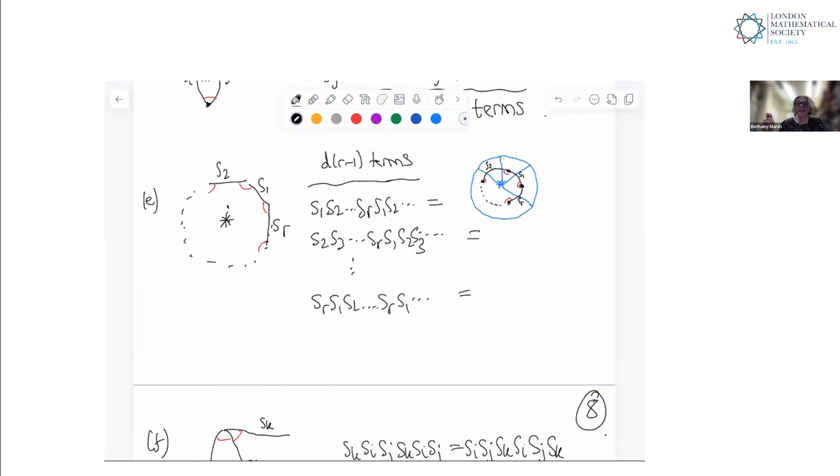If you keep braiding around and around the cone point, you have to do enough braids. If you do enough braids, it doesn't matter where you start. So if you do something at the right length, then you start with S1 and you do dr-1 terms where r is a number in the cycle. You do dr-1 of those. It's the same as if you start at S2 and do the braiding there.